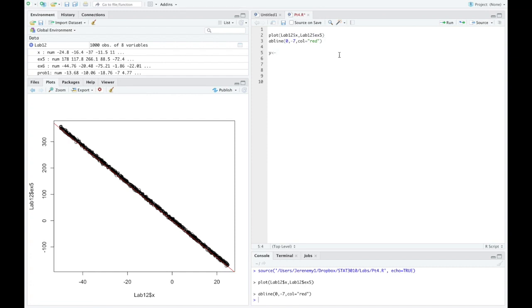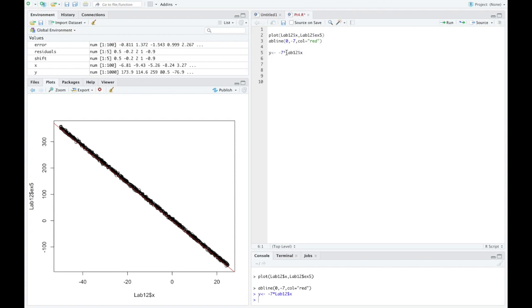The y values I'm going to calculate come from this line right there. They're going to be -7 times my x values, which were the data frame I loaded up. So I now have some y values loaded. They are going to follow along here.